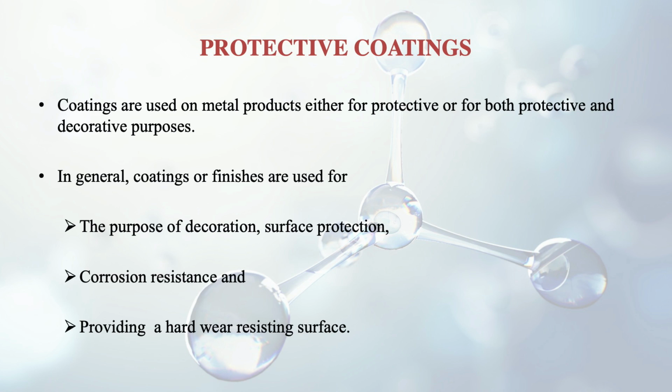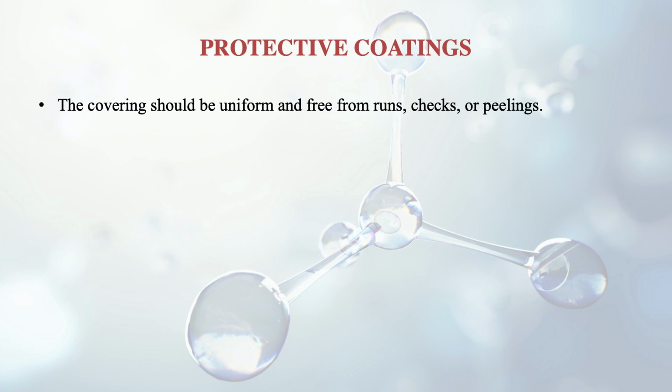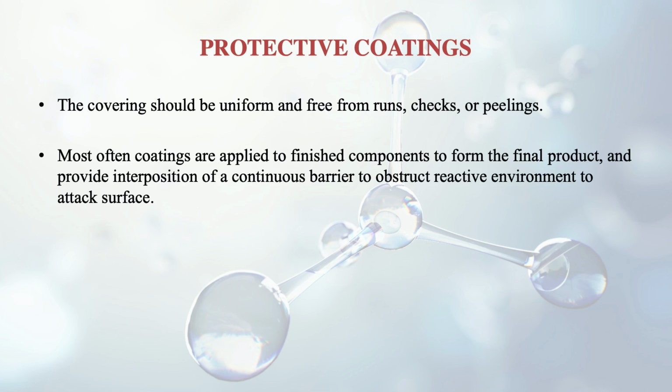These are the 3 important purposes for which coatings are done. The covering should be uniform and free from any kind of runs, checks or peelings. Most often coatings are applied to finished components to form the final product, but in certain cases they may be used before also.